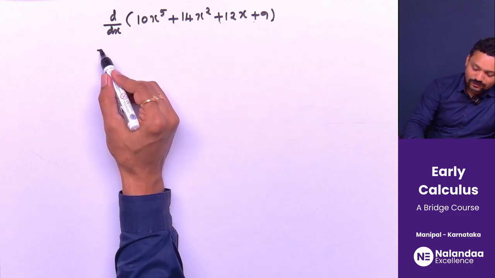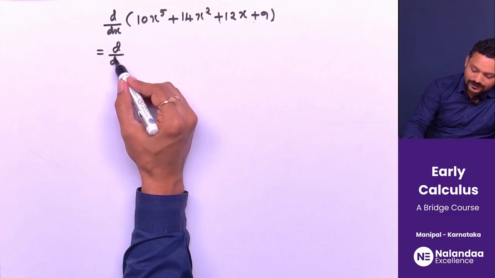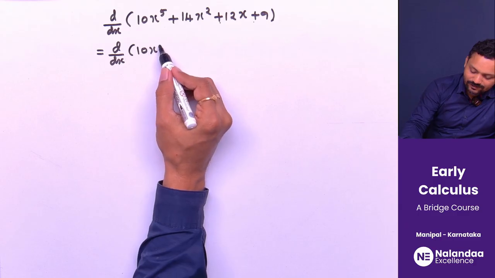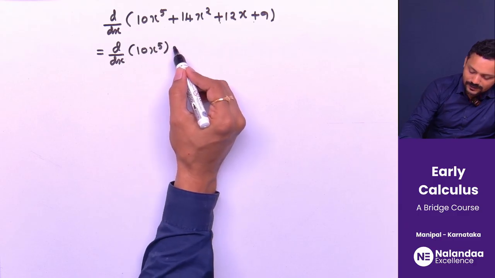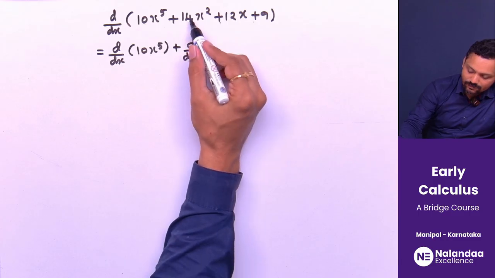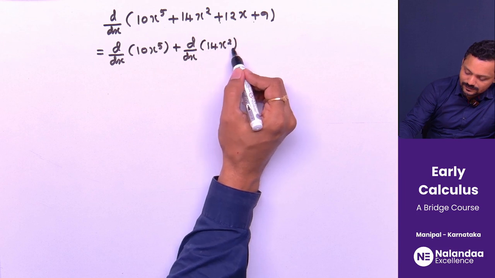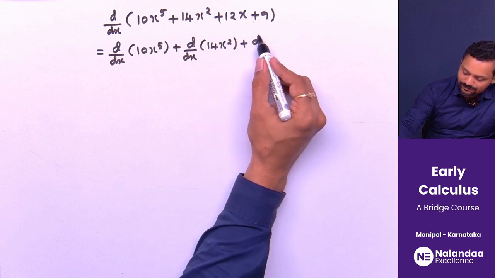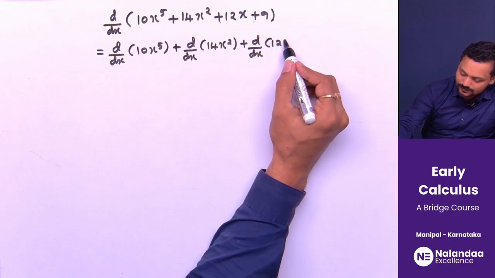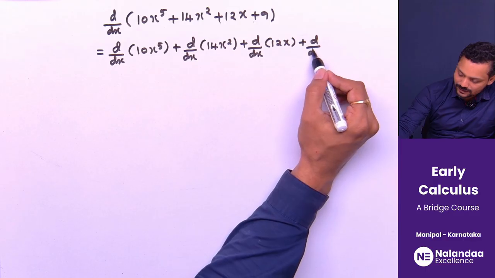So we can do it the same way. We can individually differentiate, that is d by dx of 10x power 5 plus d by dx of 14x square plus d by dx of 12x plus d by dx of 9.